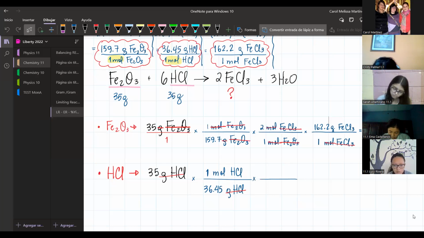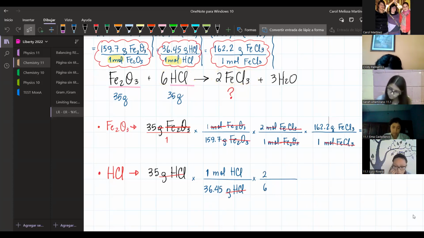And we continue to the next step. In the next step, what do we have? Molar ratios. Now, these molar ratios are going to be between the second reactant, HCl, and the unknown, iron 3 chloride. So, how do I write this molar ratio? 2/6. Very good.